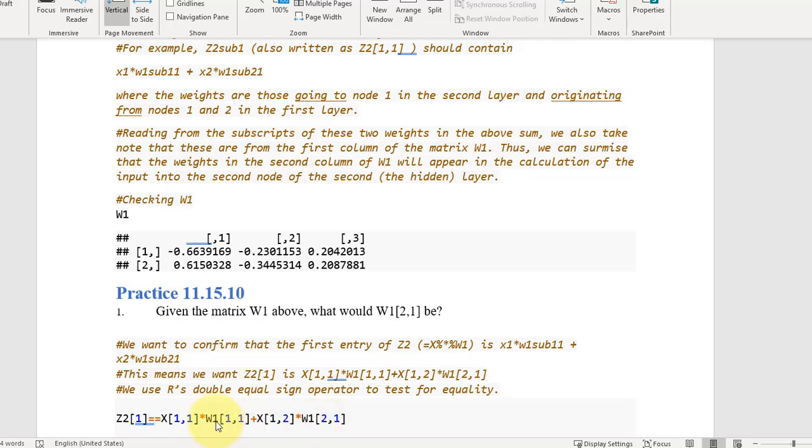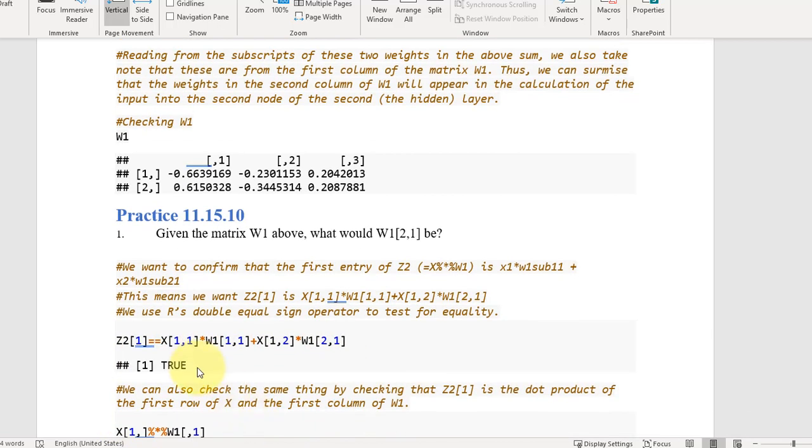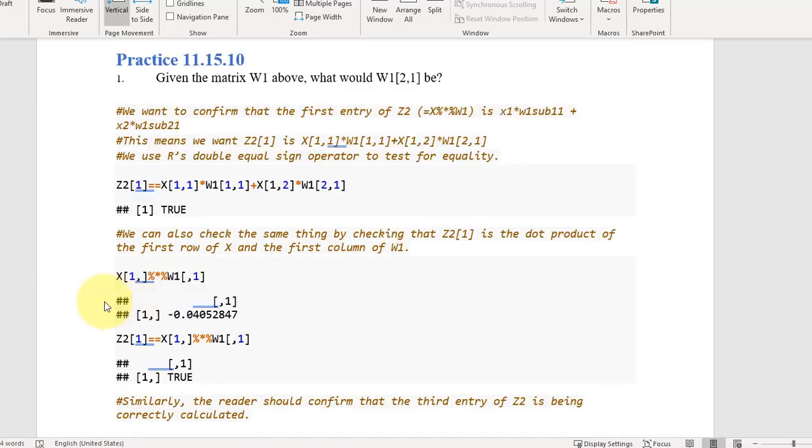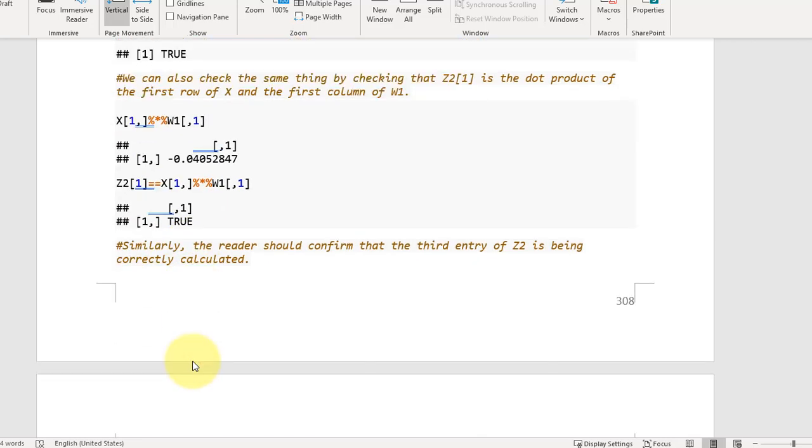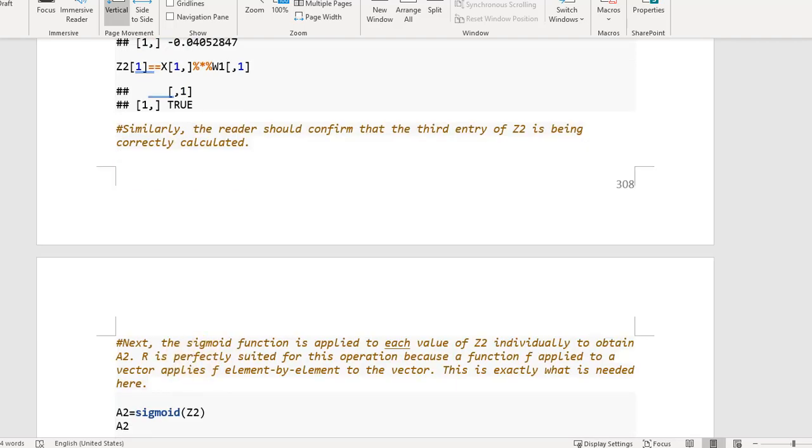And we can check to see if that's true or not, and it is true. You can also check it a different way. I'll let you read through this in the text, but it's just another check that you could do if you want to, just to make sure that we're on the right track. But we expect that we are.